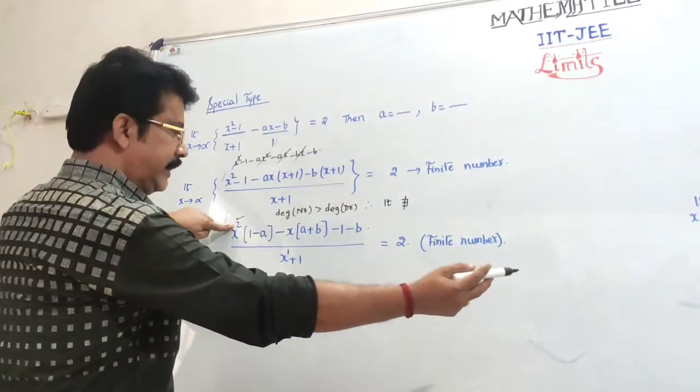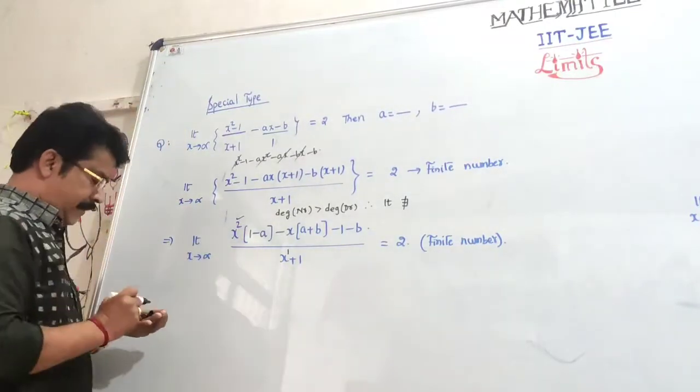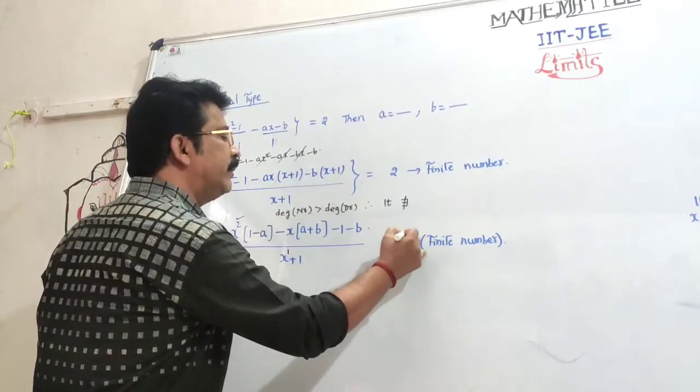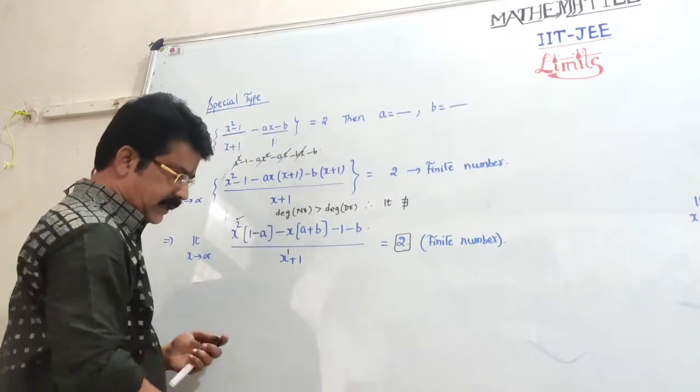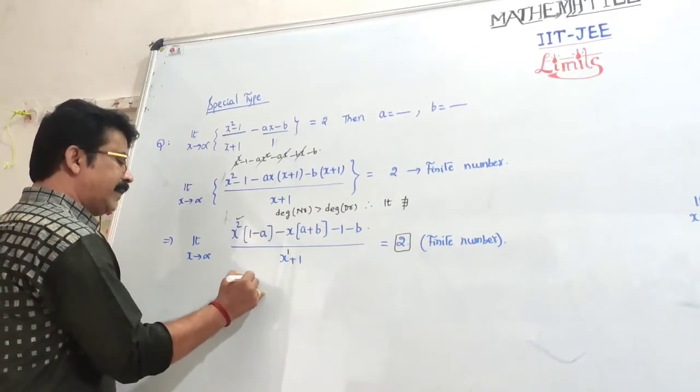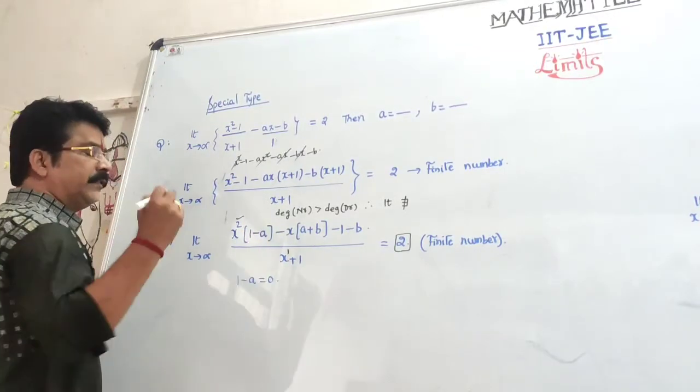You see the third case, right? But the limit is given as a finite value, means the limit exists. That's why, for no loss of generality, we put 1 minus a equal to 0.